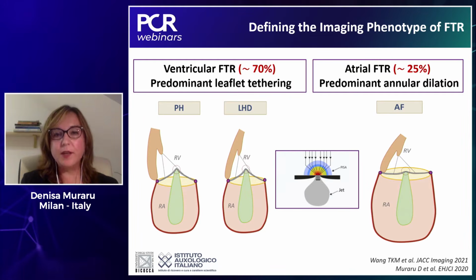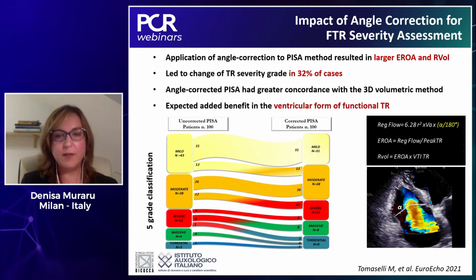And you see there, if you look at the assumptions that we are considering for the PISA method, you see that we assume that the leaflets are flat, which is not actually verified in most of our patients with ventricular functional TR because they have tethered leaflets. Therefore, it emerged the concept to correct for this tethering and to account in the PISA formula for the tethering of the leaflets. And we have provided this data and presented at EuroEcho.